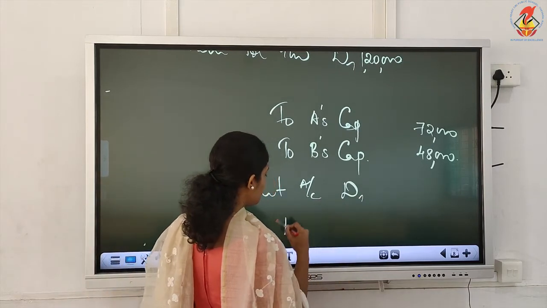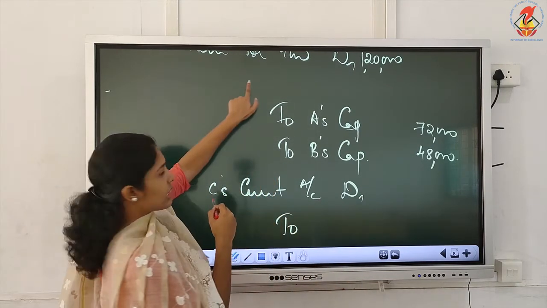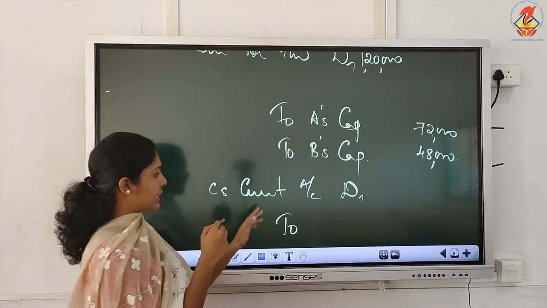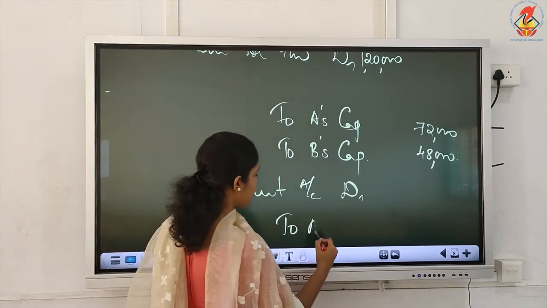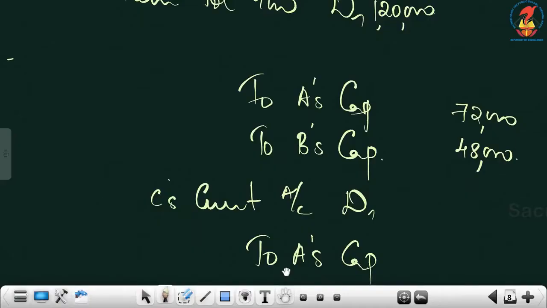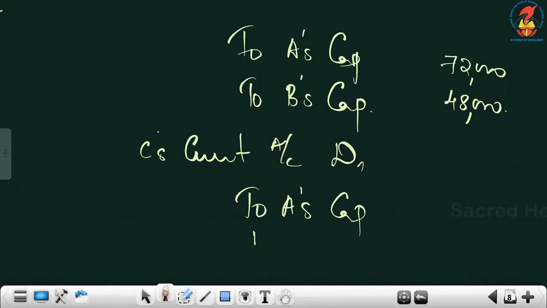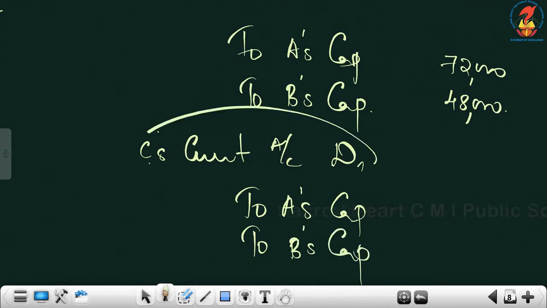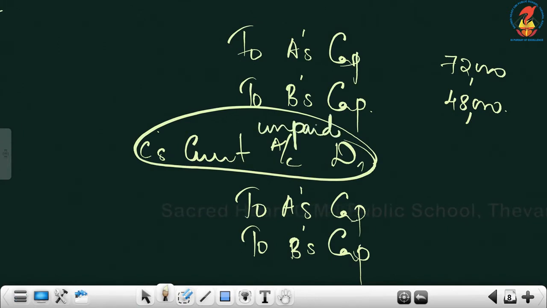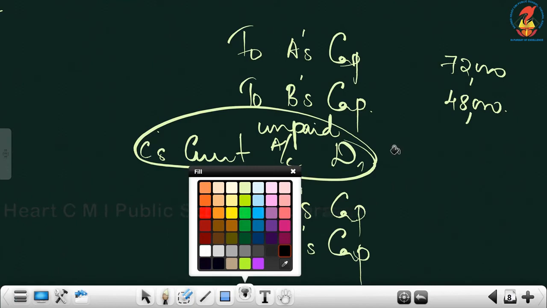And what will you do? Two, the same thing, the sacrificing partners' capital, in their sacrificing ratio, amounts will differ, to B's capital. Here we have to debit this partner with the unpaid share or unpaid amount. What is the amount he didn't bring in? He brought only 1,20,000 out of 2 lakhs.